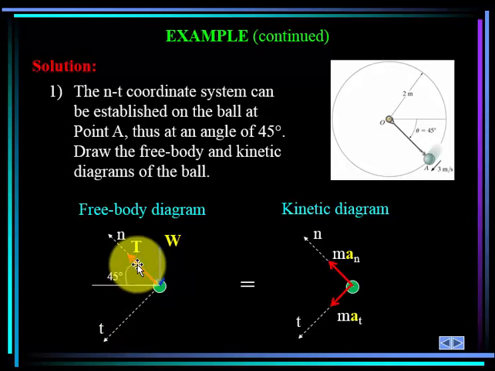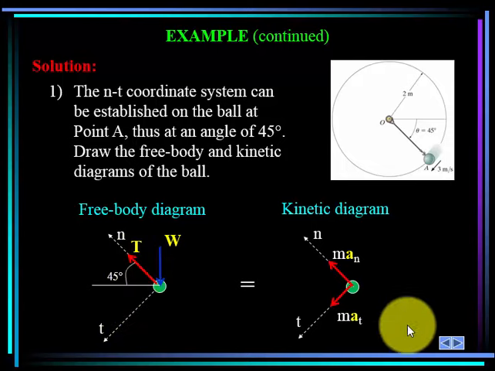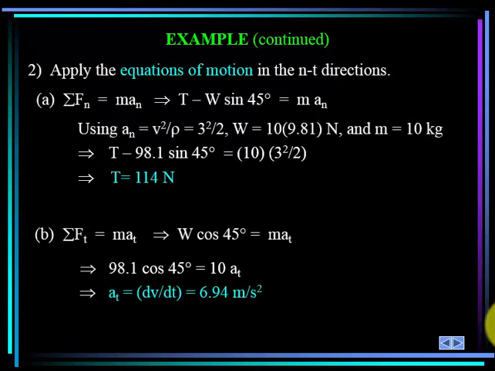The rope force has no component in the tangent direction, so only the weight term alone. So positive weight times the cosine of 45 degrees equals mass times acceleration in the tangent direction. And we know the weight. The acceleration in the tangent direction is the only thing unknown. We solved that the acceleration in the tangent direction is 6.94 meters per second squared.